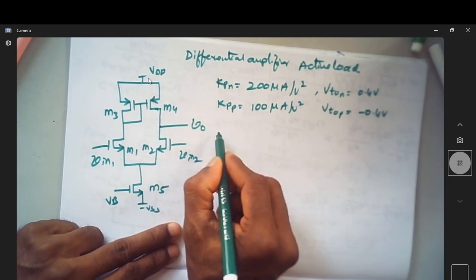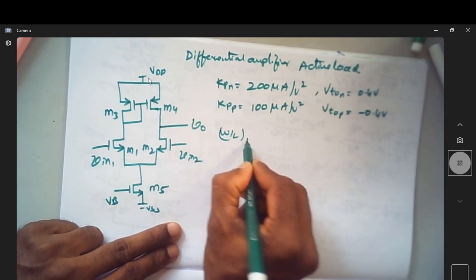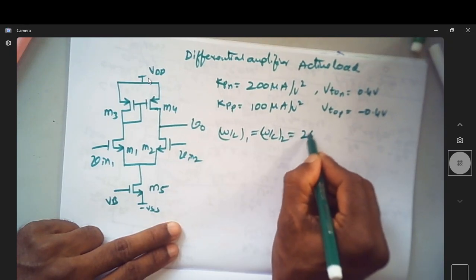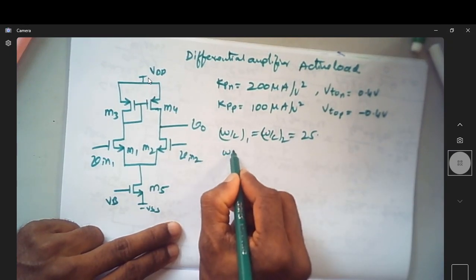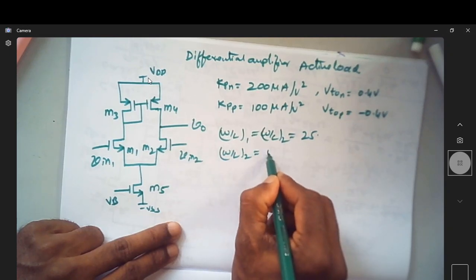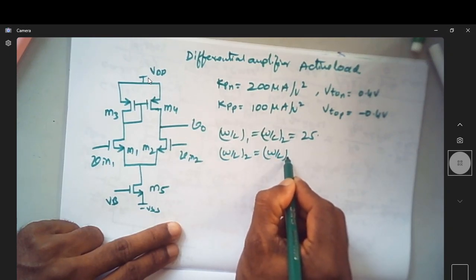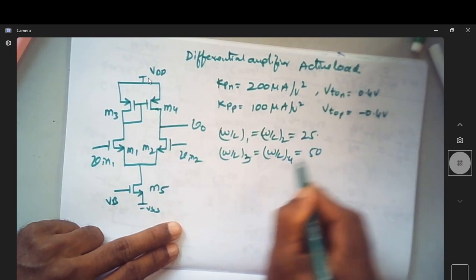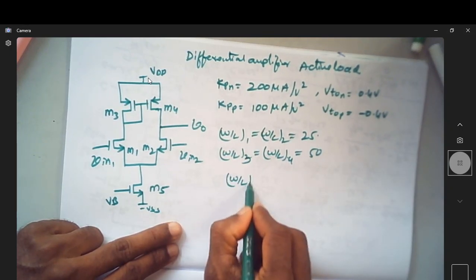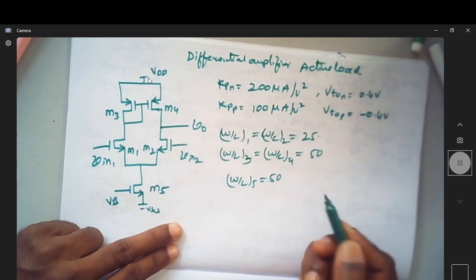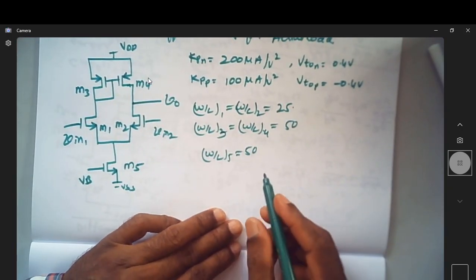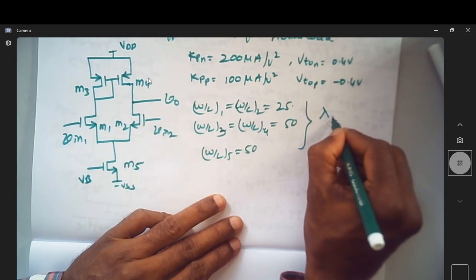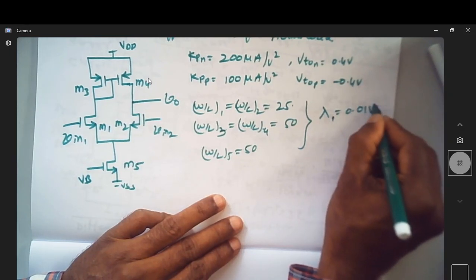Let us assume W by L of 1 is equal to W by L of 2, something like 25. W by L of 3 and 4 is equal to 50. Let us assume W by L of 5 is around 50. Let us just assume the values, and let us assume all the MOSFETs have lambda of 0.01 volt inverse.